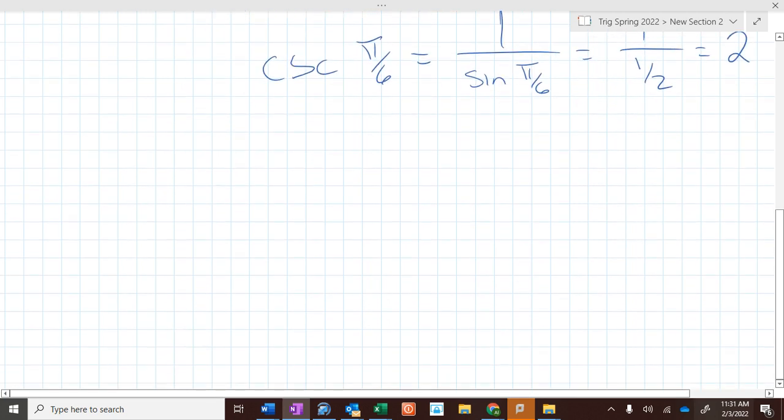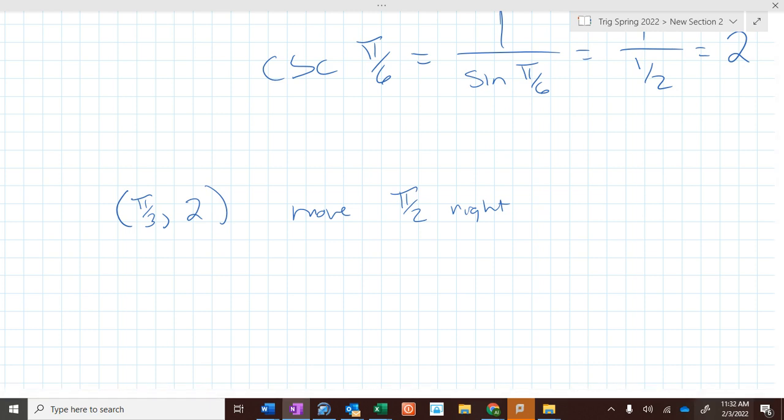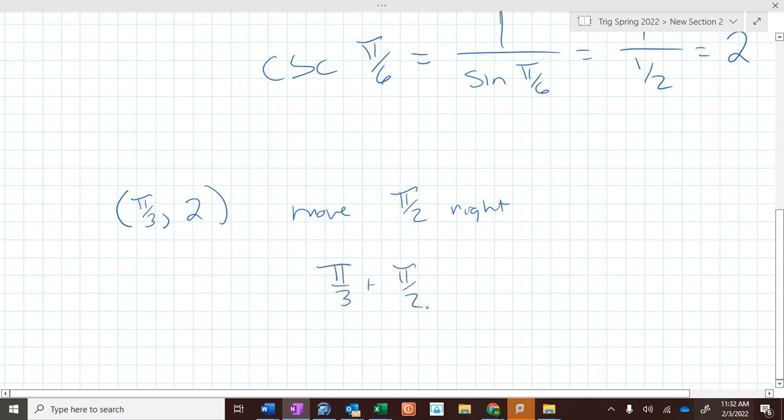And then we'll take a point like pi over 3 and 2, and then we'll move it pi over 2 to the right. When we move something pi over 2 to the right, we're going to add pi over 2 to the x value. So what's pi over 3 plus pi over 2?